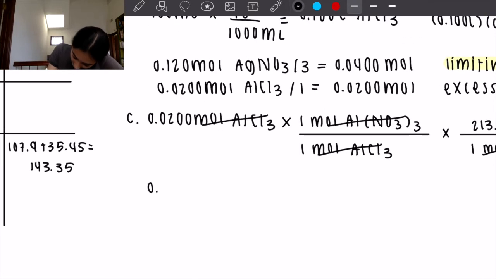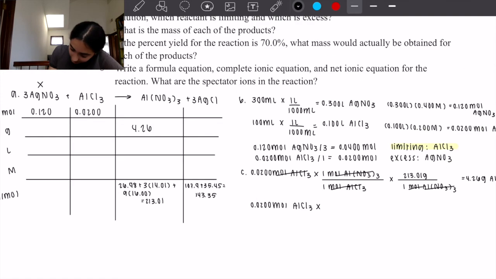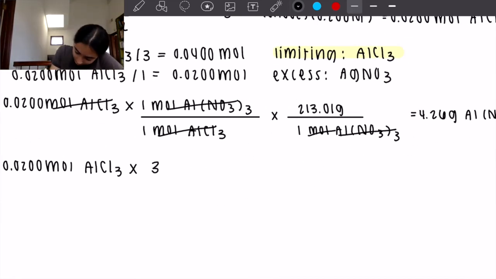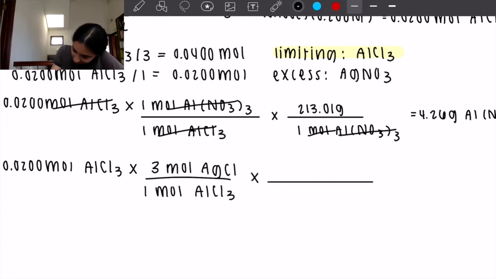Now let's do AgCl. So we're going to start again with 0.200 mole AlCl3. There are 3 moles of AgCl per 1 mole of AlCl3. And then we're going to multiply by molar mass.